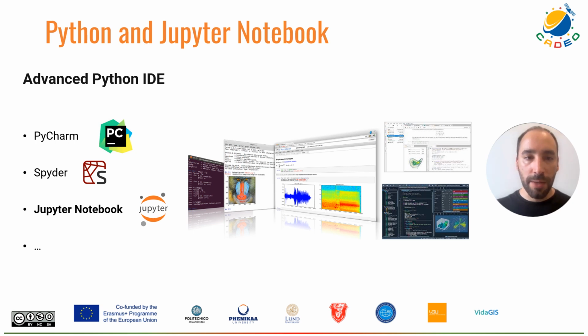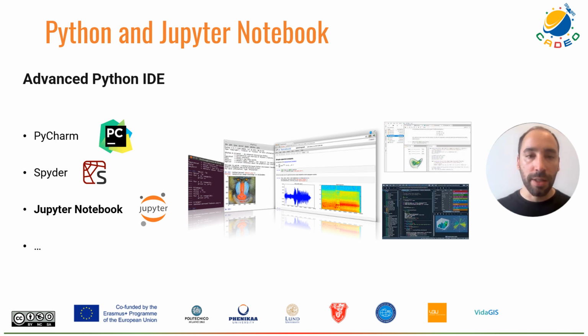Then we have, for example, Spyder, which is an open source integrated development environment specifically designed for data scientists and engineers. It integrates well with popular data science libraries like NumPy, SciPy, and Pandas, and provides features such as variable explorer, interactive consoles, and also support for advanced plotting capabilities.